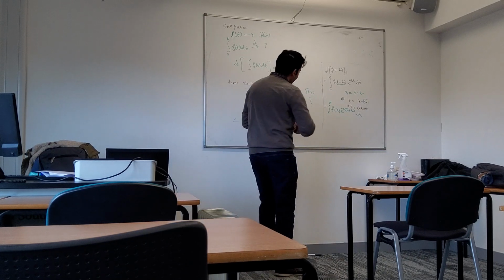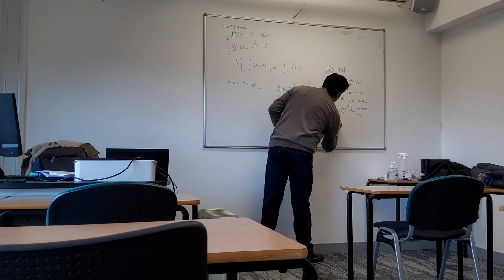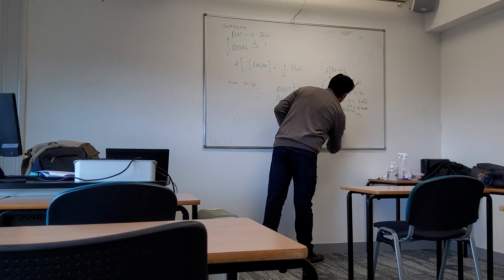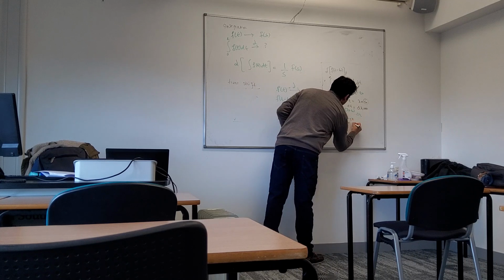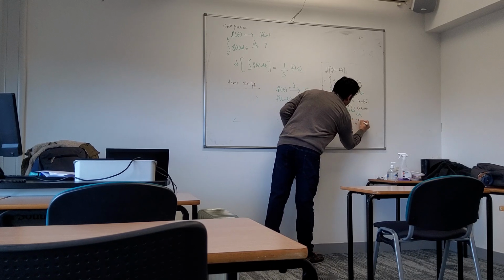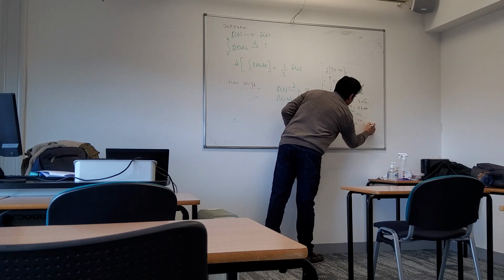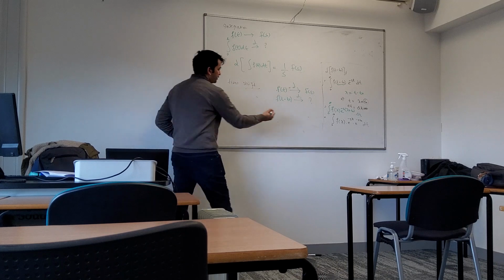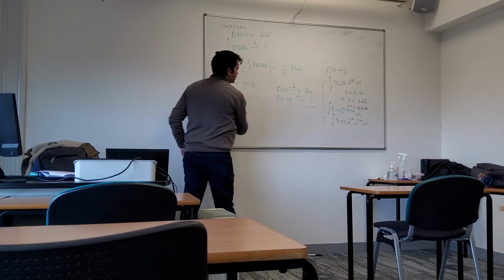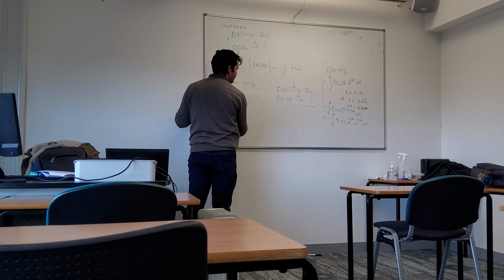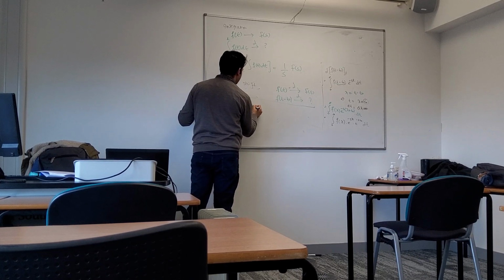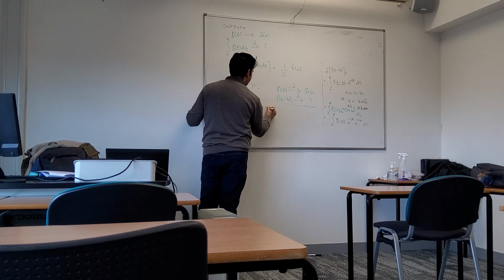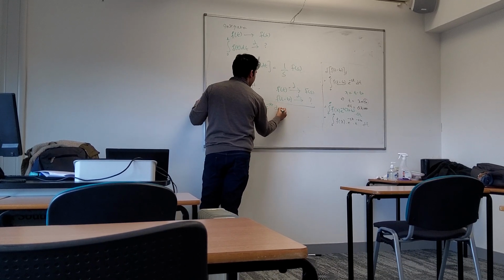Okay, finally, if I solve it further, it would be 0 to infinity f of lambda. I can break this, it would be e power minus s lambda, e power minus s t naught d lambda. Now you can see that from here we can see something. If I bring it here, it would be 0 to infinity f of lambda e power minus s lambda times e power minus s t naught d lambda.